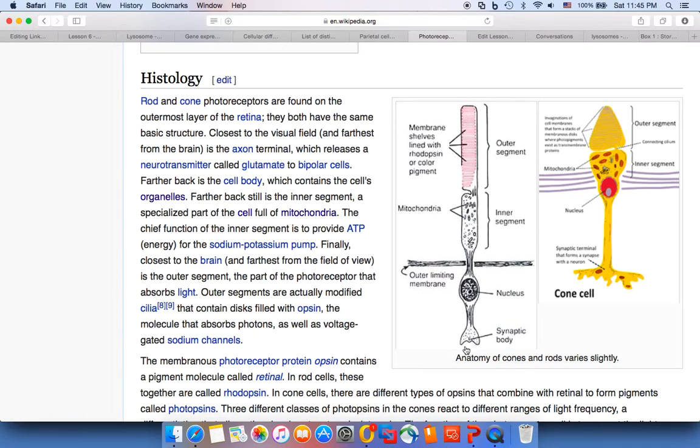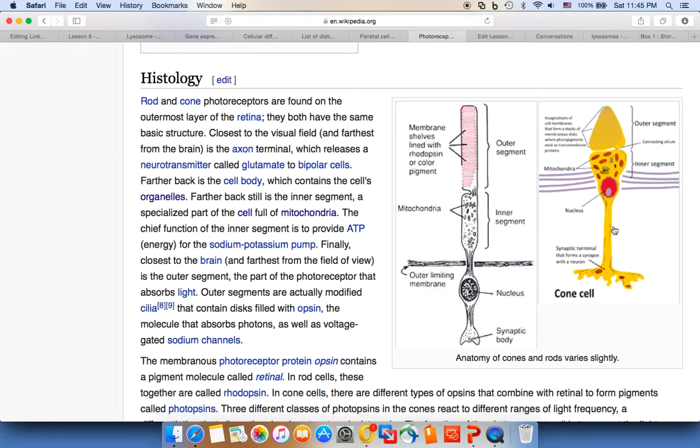So this synaptic body joins with another neuron cell that transmits the photo information that is perceived here.